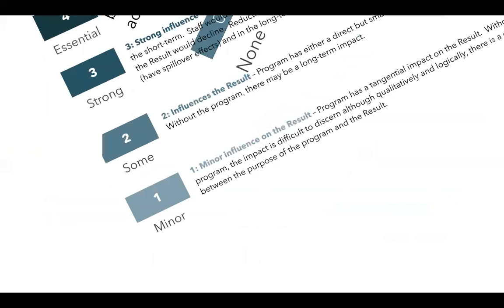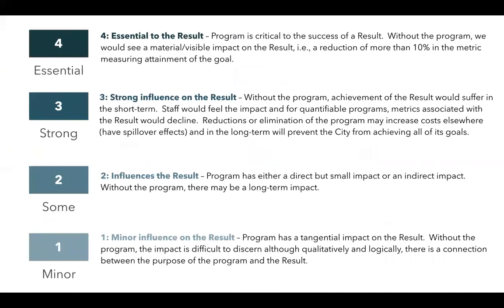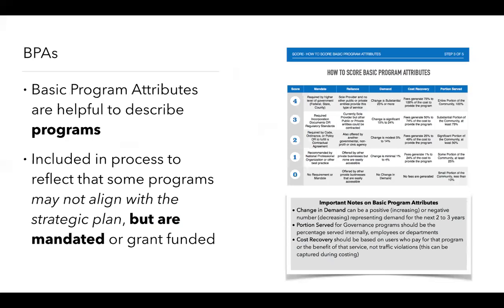This is just a little more detail on what those scores reflect. So from essential down to minor or none. Then the BPAs, which include mandate, reliance, demand, cost recovery, and population served. These are just useful for describing a program. So they are scored on the same scale of 0 to 4, but the definitions are slightly different.